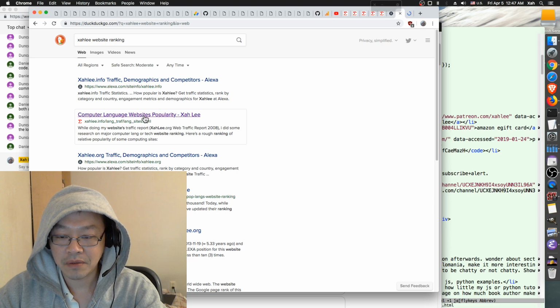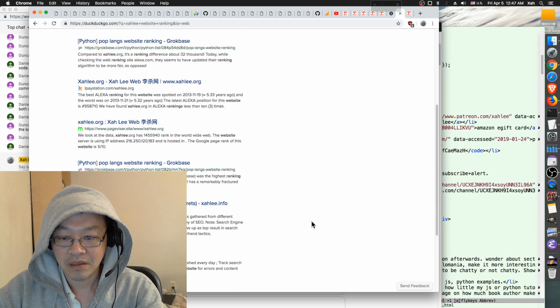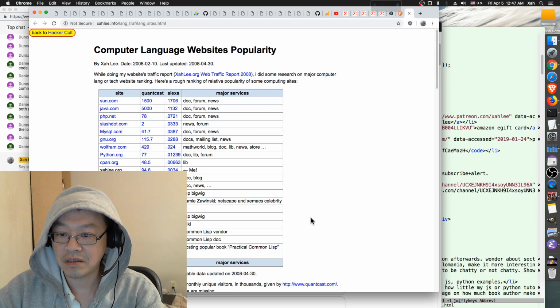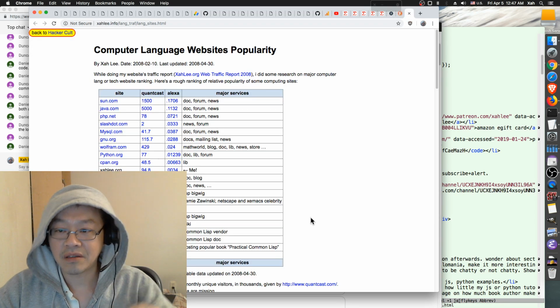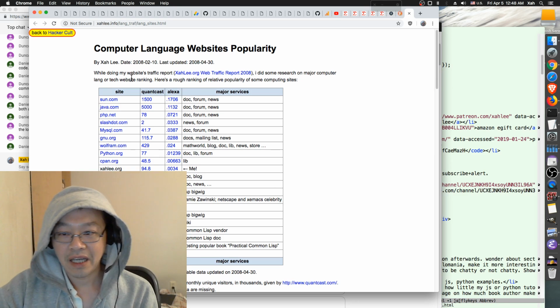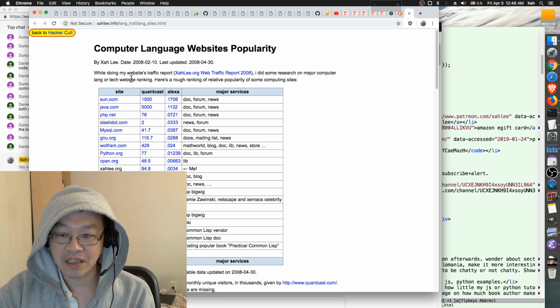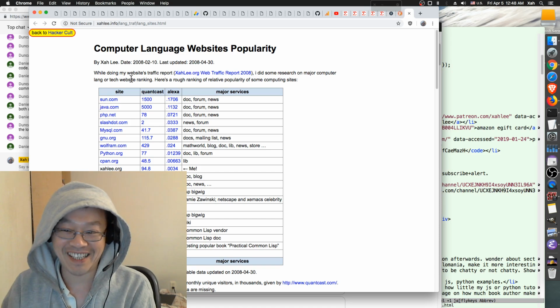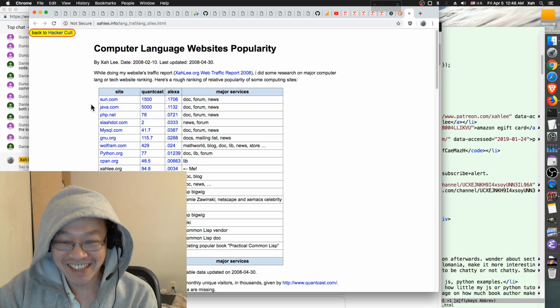Computer languages website popularity, Google search ranking. Oh yeah, this article was written back in 2008, and I was actually ranking the traffic of computer language websites.